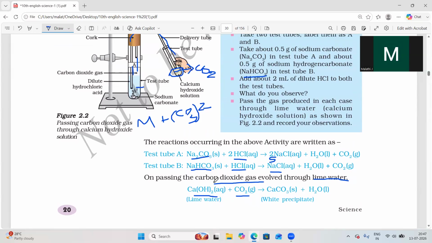That is the reaction of metals with acids and metals with carbonates and bicarbonates. These two aspects of acids will be very important for your examination.